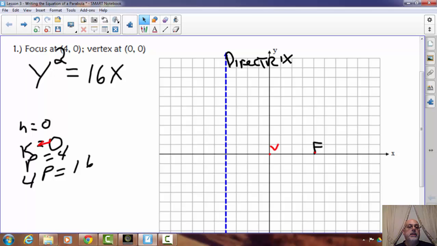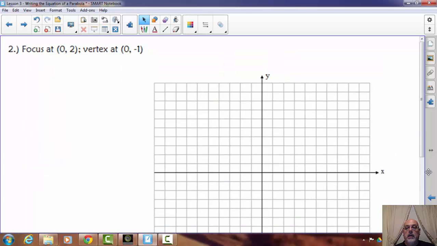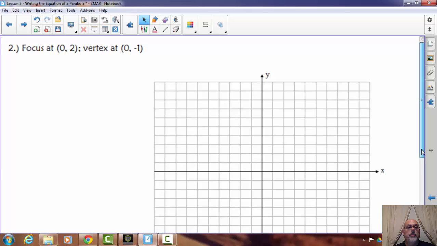So let's take a look at another one. On this one, we have a focus at 0, 2. There's a focus. And we have a vertex at 0, negative 1.